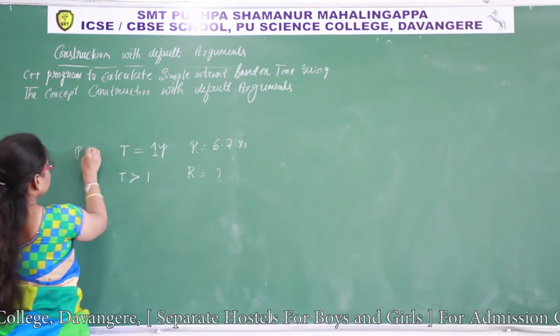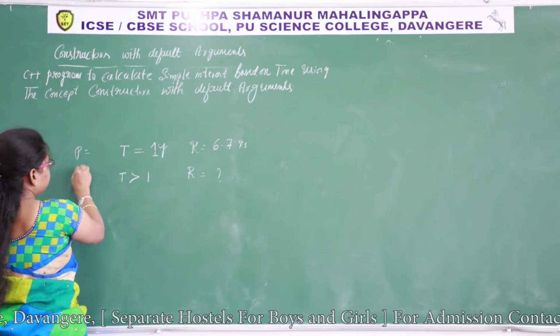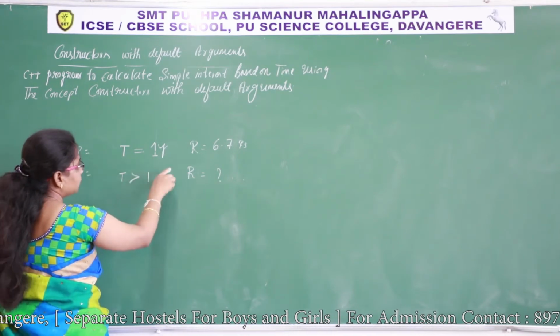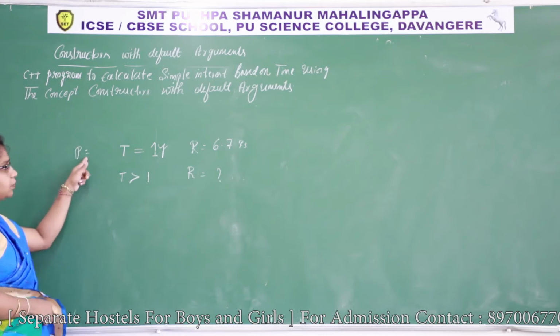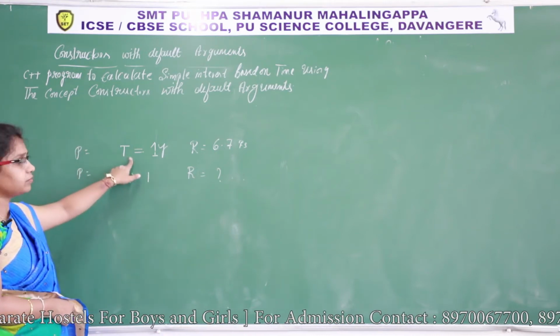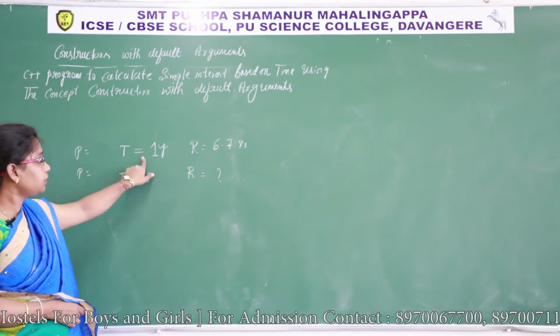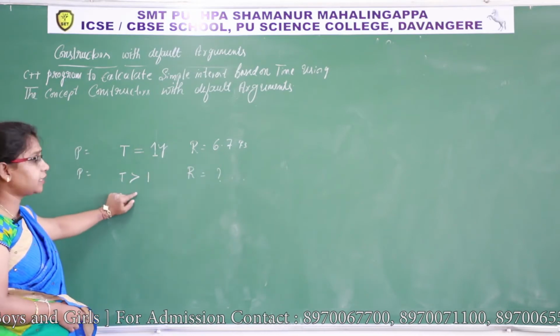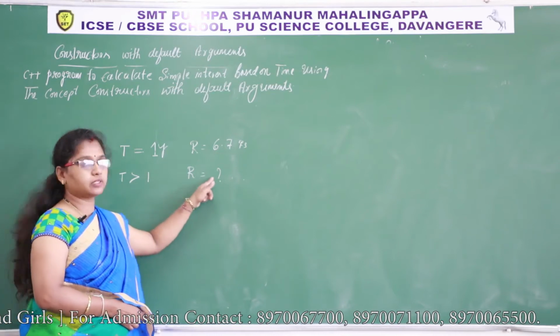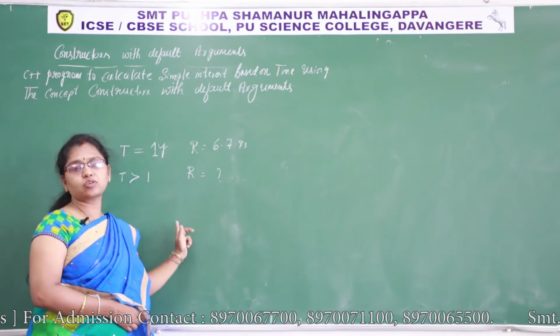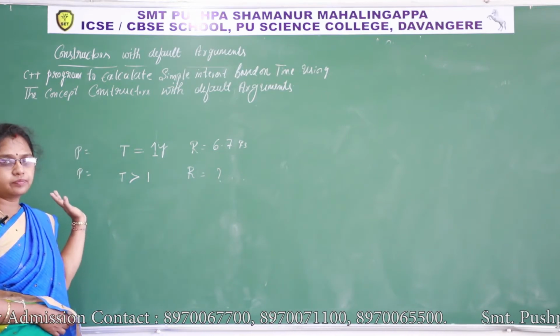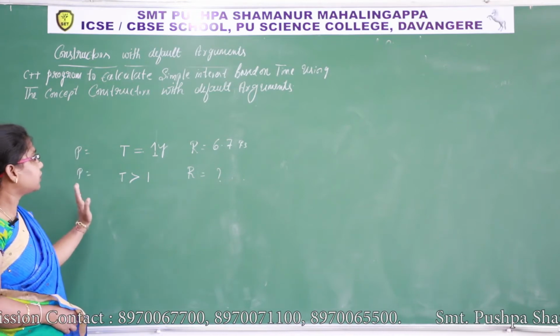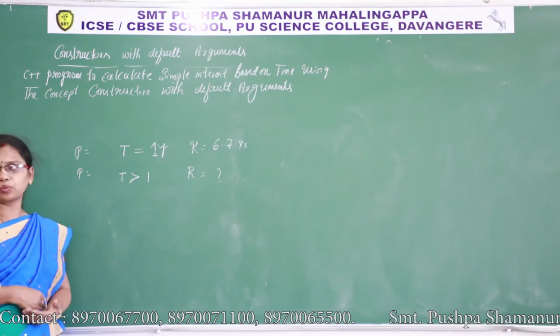And principal amount is compulsory: P value, principal amount, T value and rate of interest. Here the user has to input principal amount and time. If time is 1 year, this is the default value. If time is greater than 1 year, then we have to ask for the rate of interest. After that it has to calculate simple interest. Understood? So this is the condition for this program.